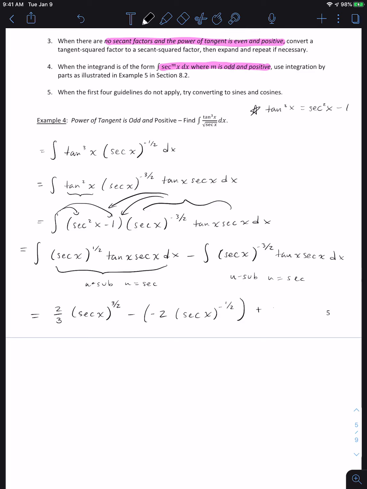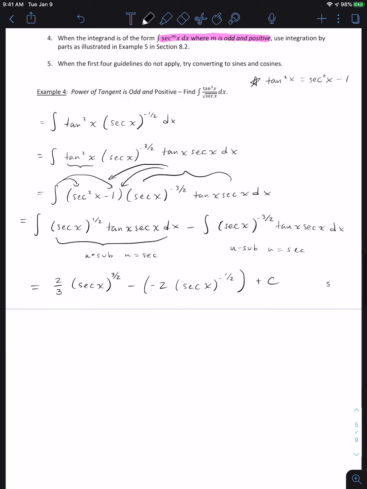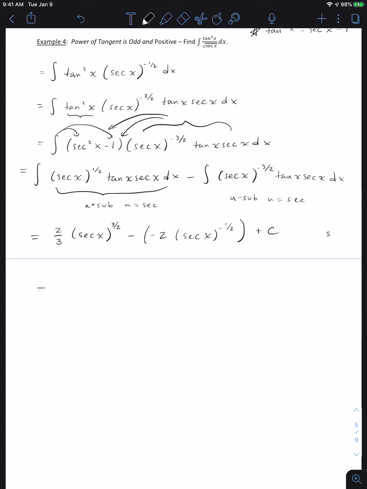And again, nothing else goes there, and then plus c. So here I get 2/3 times secant x to the 3/2 plus 2 times secant x to the -1/2 plus c.